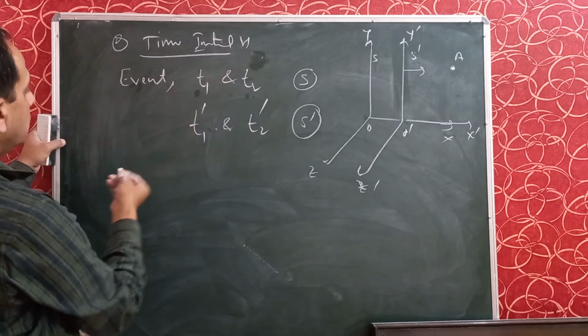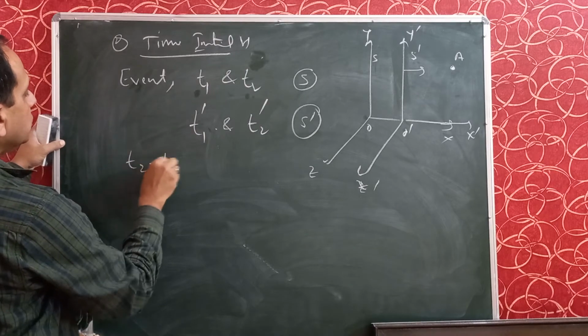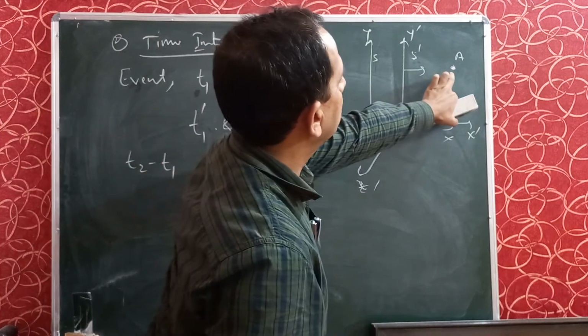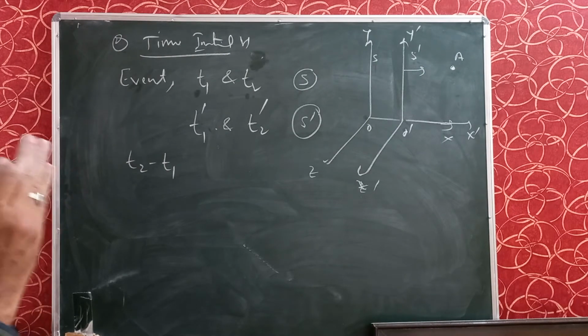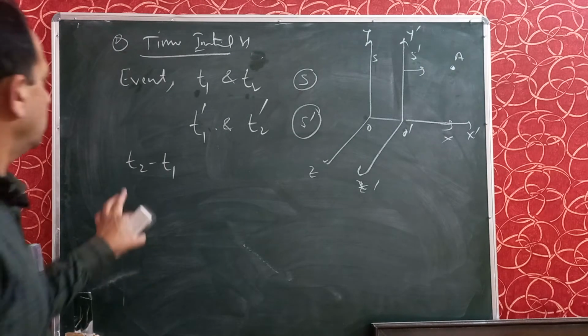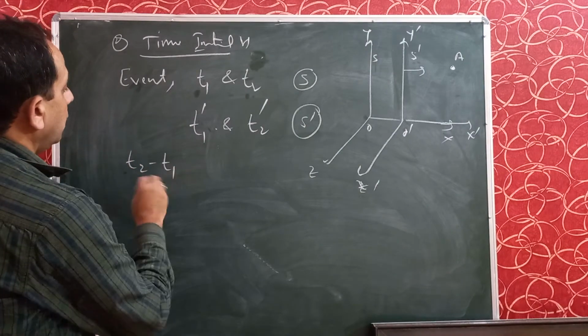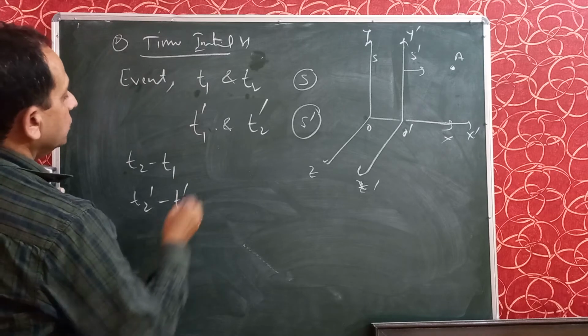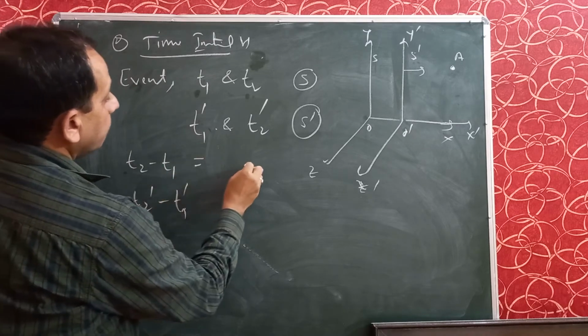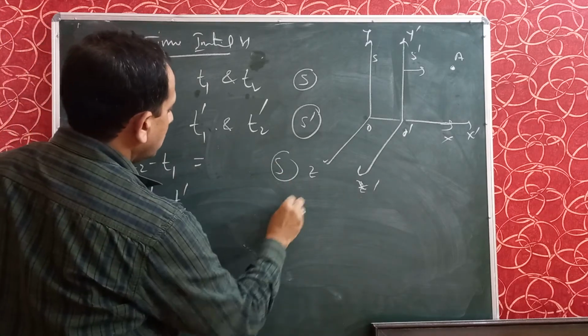So the time interval, what is the interval? T2 minus T1. It first occurs at the first time, then at the second time. So the interval between the two flashes is T2 minus T1, and it is T2 dash minus T1 dash. It is measured in the S frame and in the S dash frame.